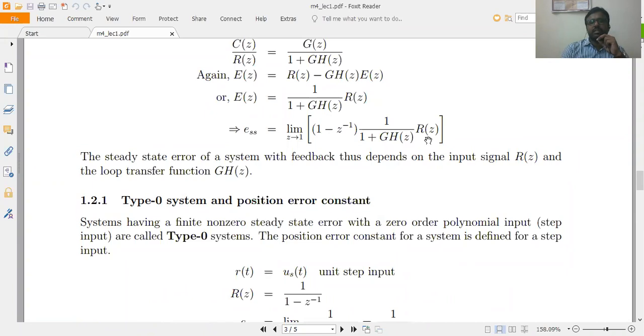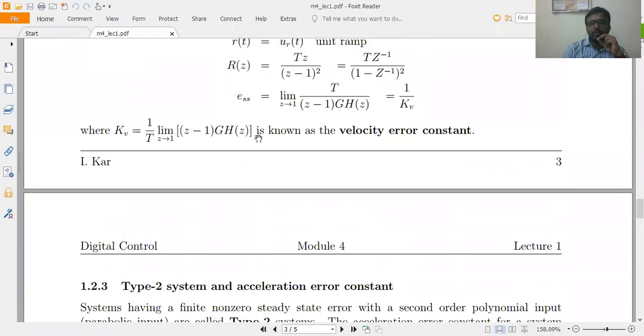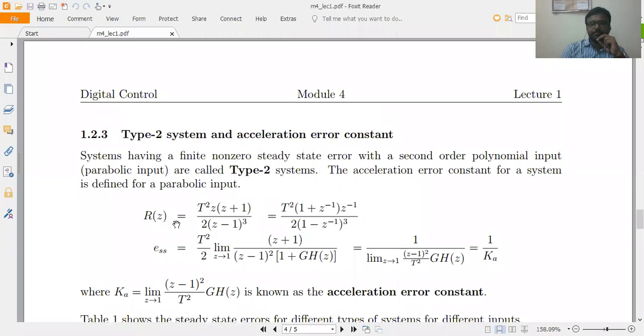Substituting this expression in the steady state error expression, we are going to get the steady state error as T square divided by 2 into limit z tends to 1, z plus 1 divided by z minus 1 whole square into 1 plus G into H of z.